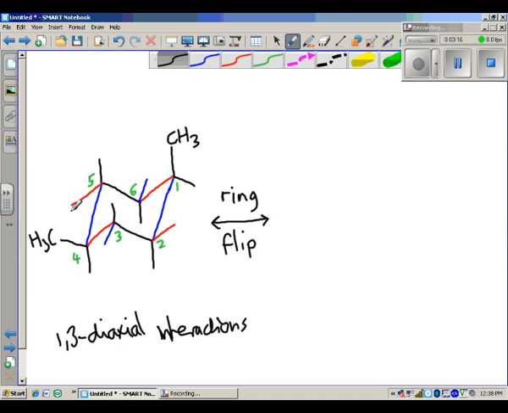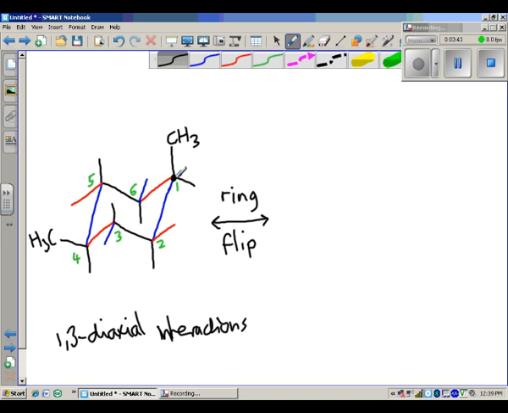It's the axial interactions that you want to be concerned about. So the way to figure this out is, well, first off, you need to know where your axial group is. So it's here, on carbon number 1. And you want to ask yourself, well, how many other carbons do I have that have axial bonds pointing straight up? Well, if you can see, there are 2 carbons, carbon 5 and carbon 3.